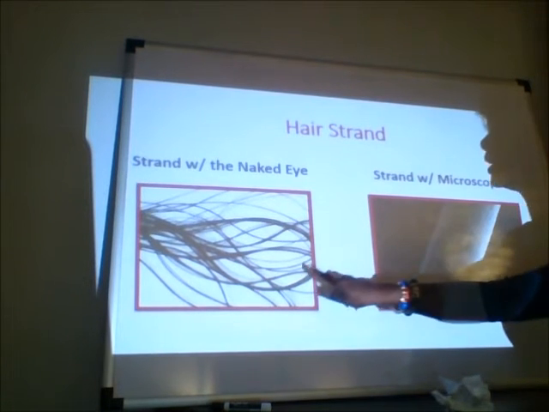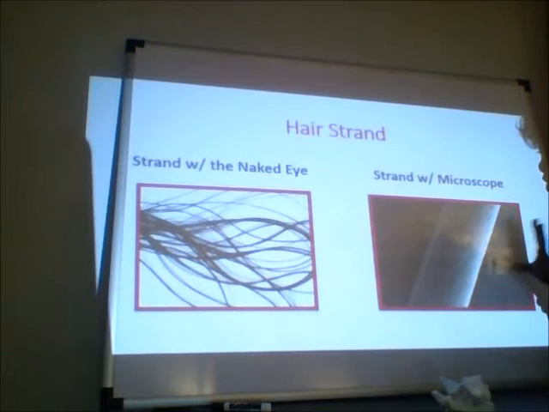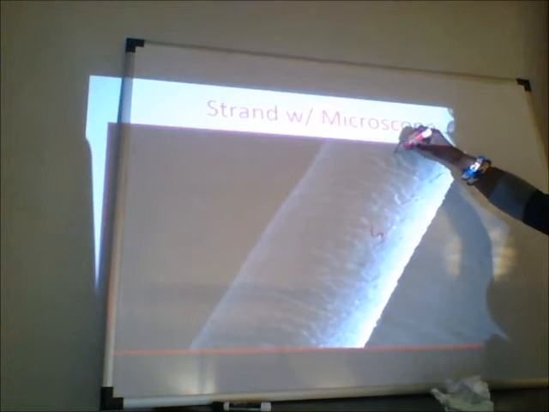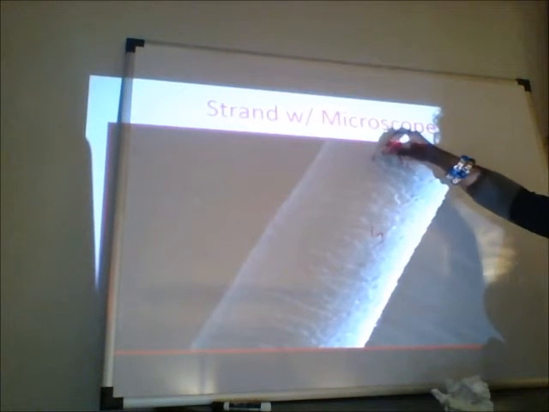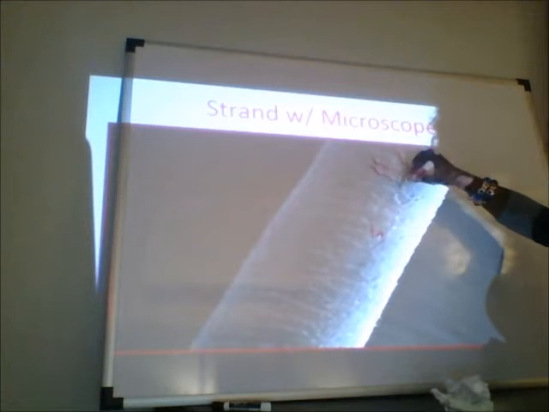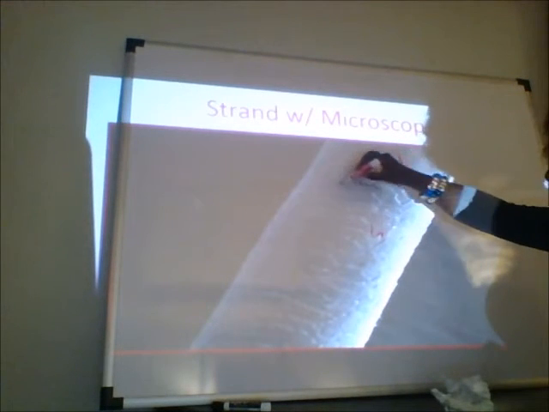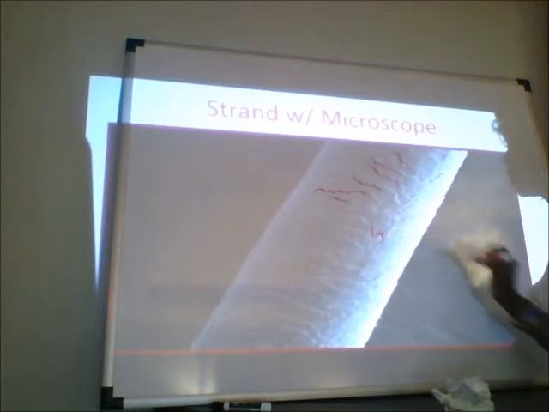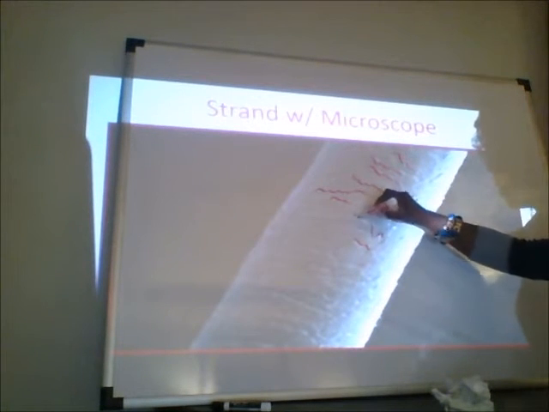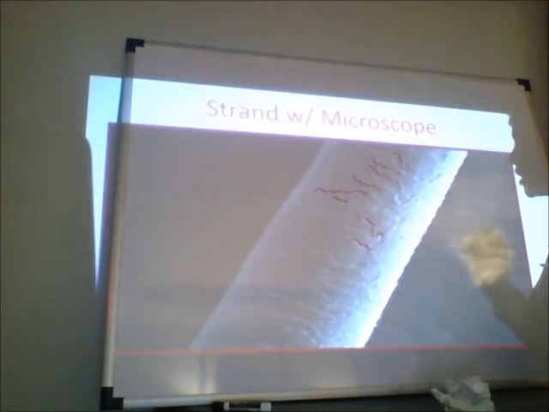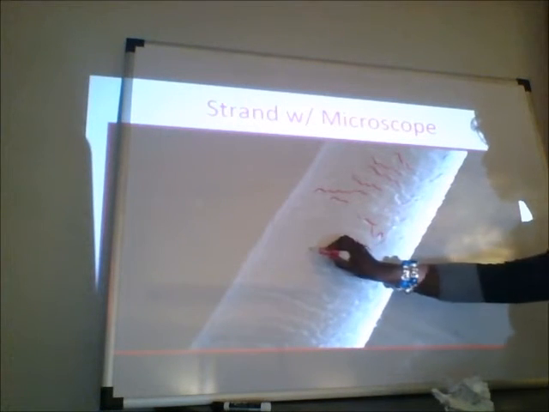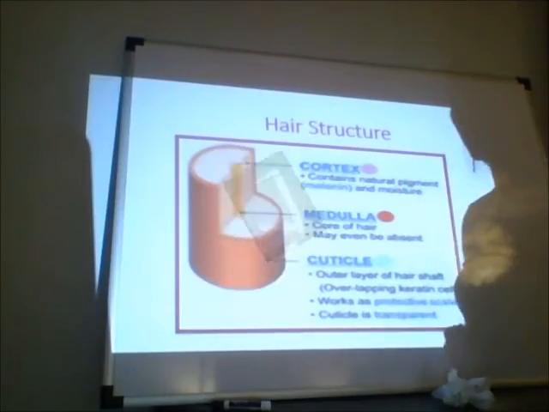So that little bitty strand of hair can make it look huge. As you look closely at the slide, you can see the little ridges as I mark them out with my red marker. How those ridges in here on that smooth little bitty strand of hair, you see ridges. That is called your cuticle.